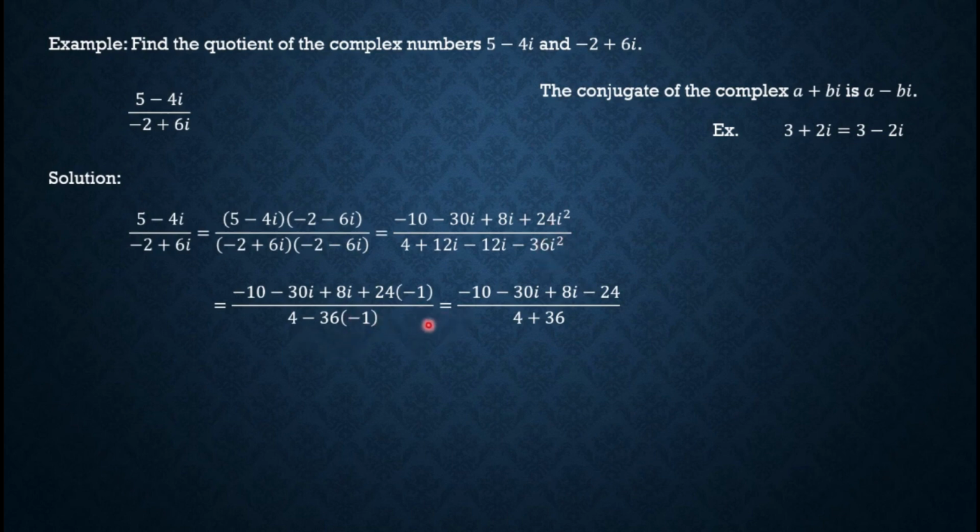So the result is negative 10 minus 30i plus 8i minus 24 over 4 plus 36. Negative 10 plus negative 24 is equal to negative 34. Then negative 30 plus 8 is equal to negative 22i. Final answer is negative 17 over 20 minus 11 over 20i.